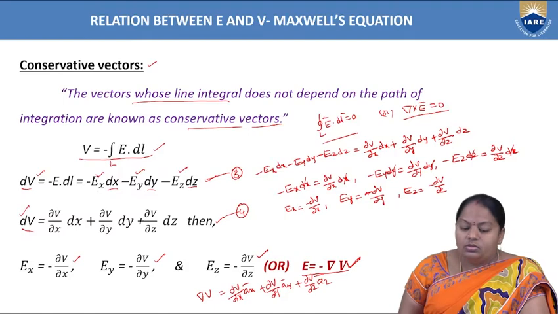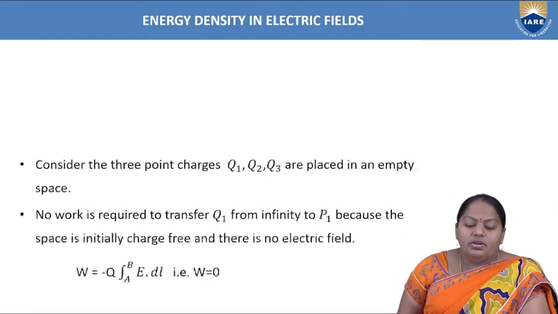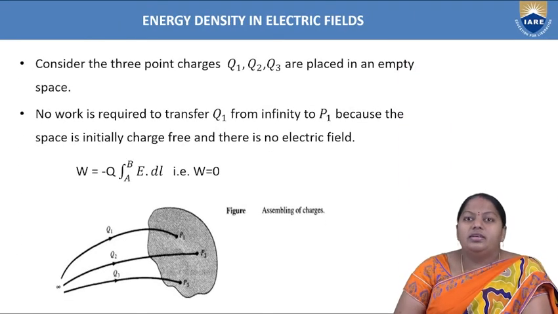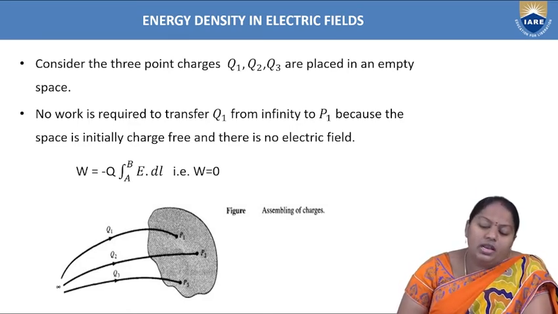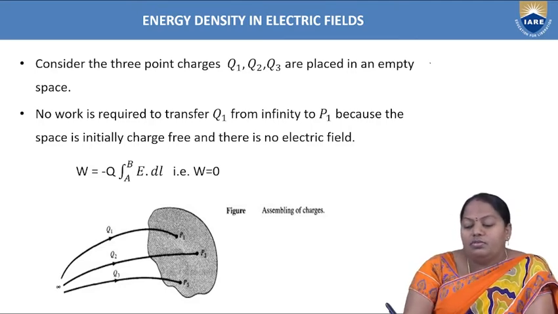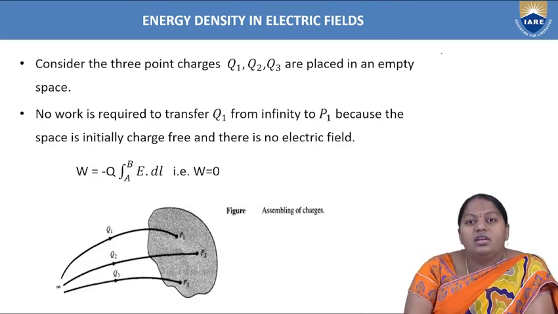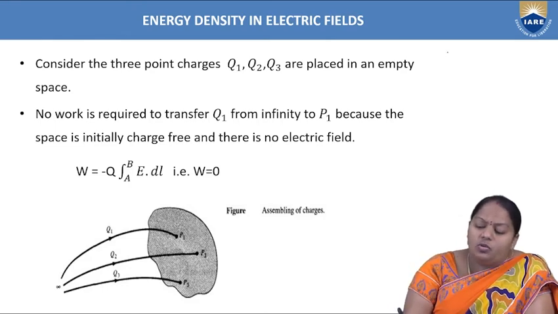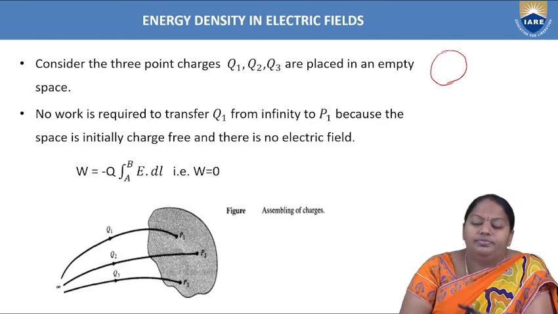Right? So the next topic which we are going to learn is energy density in electrostatic fields or electric fields. Energy density. Similar to power density, energy density, whatever it may be, density means it is occupying some unit area, right?